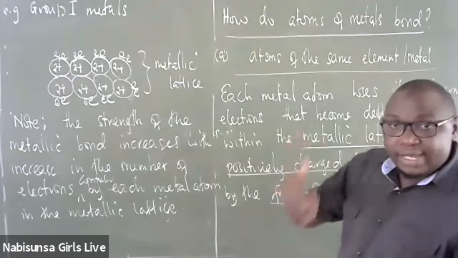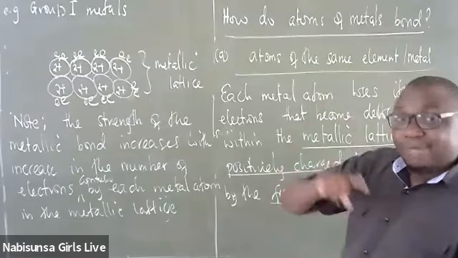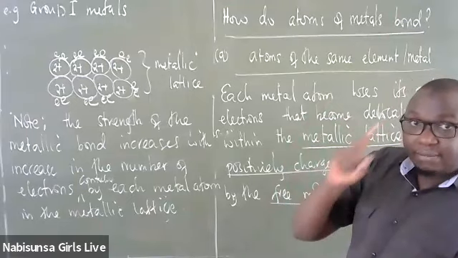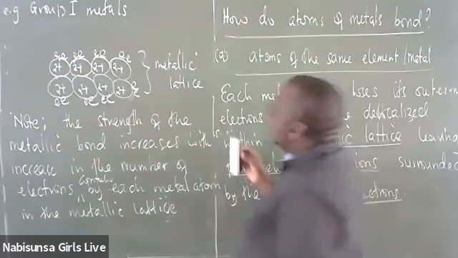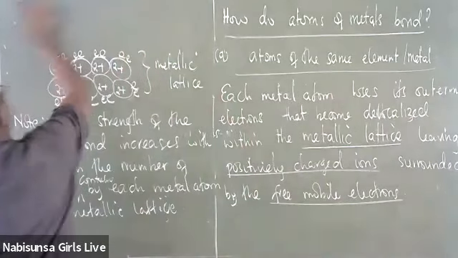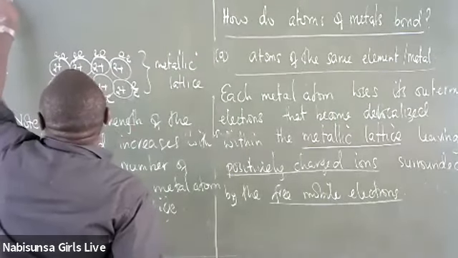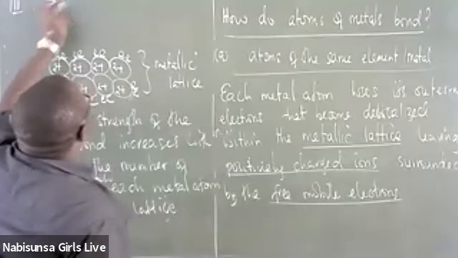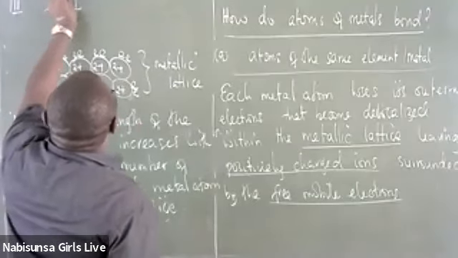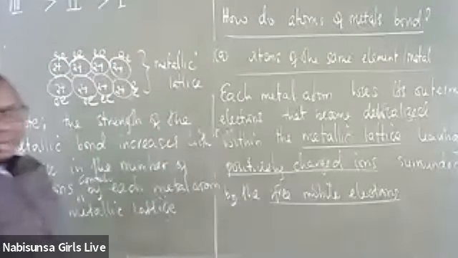The one that can contribute more electrons is going to be much stronger. So in this statement, what can we summarize here? Group 3 metals will have stronger metallic bonds than those of group 2 and group 1 metals.